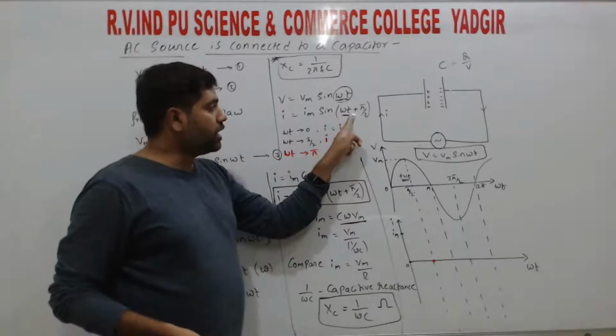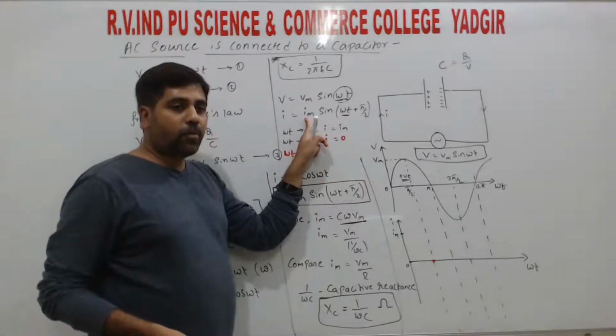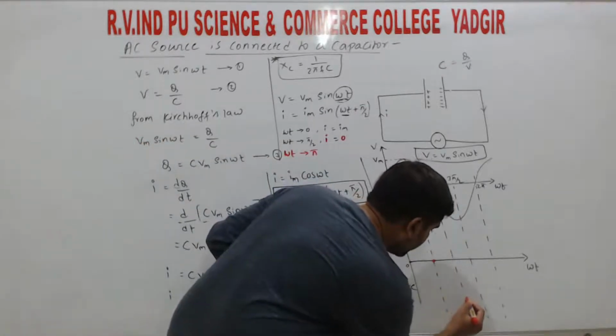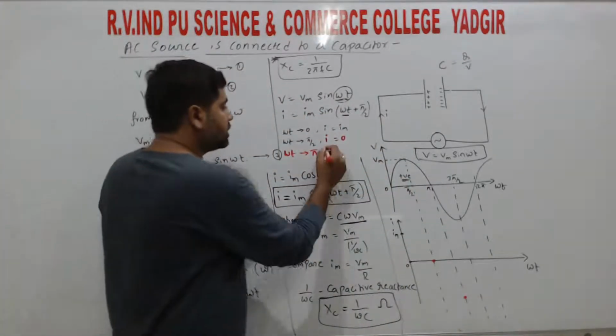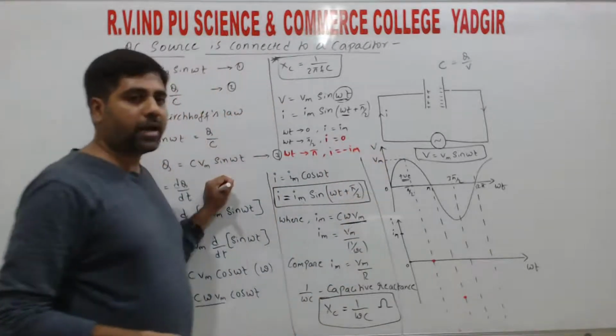Sin 270 is minus 1, so minus 1 into Im is minus Im. So when omega t is pi, we get a negative value of current, I equals minus Im.